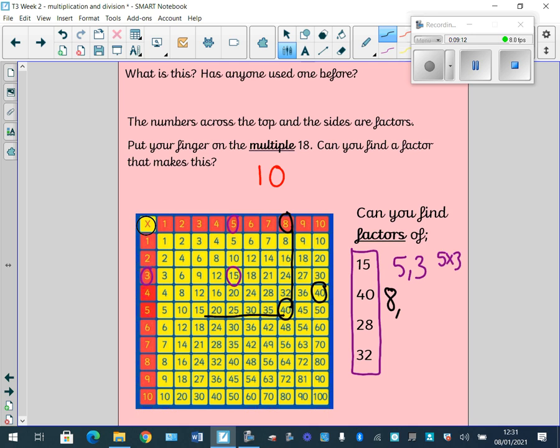If I go all the way along here, I can see 5 would be another factor. And because there are 2 40s, I'm going to do the other one as well. I've got 40 here, so if I go all the way up to the top, 10 is a factor. If I go all the way across here, 4 is a factor as well. Excellent.